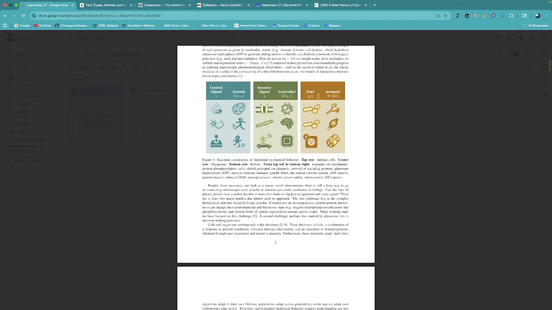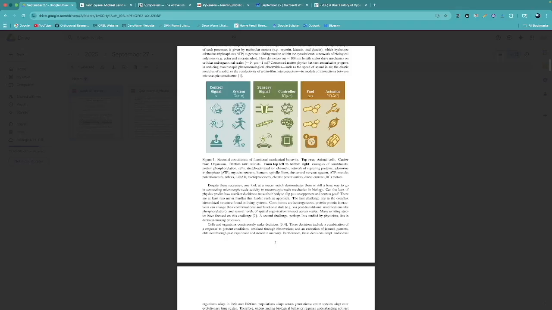Then the third category, we have fuel, which is delta G, and an actuator, which is W delta G. So we have this fuel, which exhibits a change in these different types of systems. So we have this fuel, which fuels this molecular motion that then contributes to both plant and animal movement.